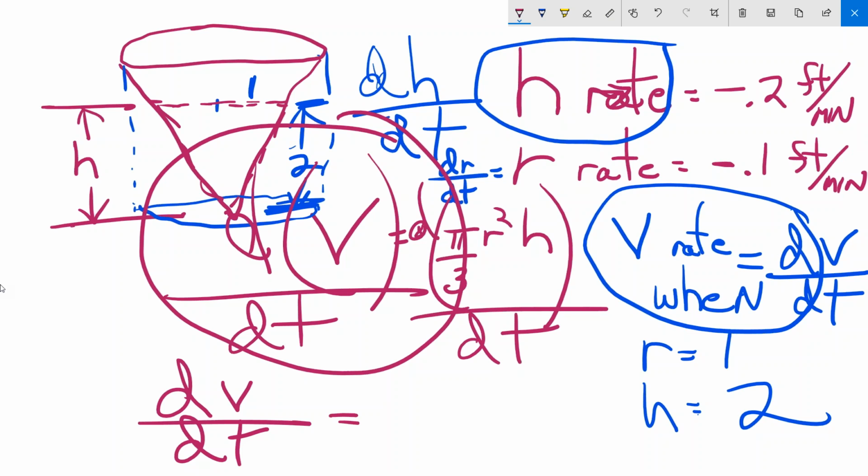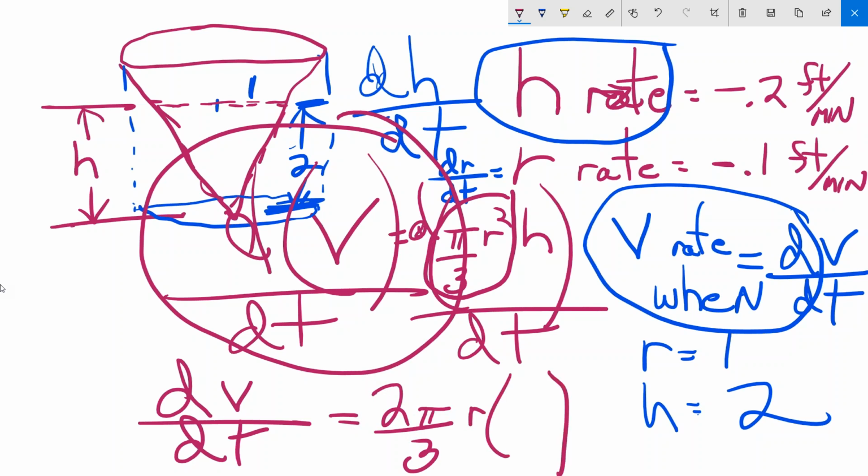Now let's attack the right side. Start with that. So that's 2 pi over 3 times r, followed by dr dt. Let's finish differentiating it implicitly.